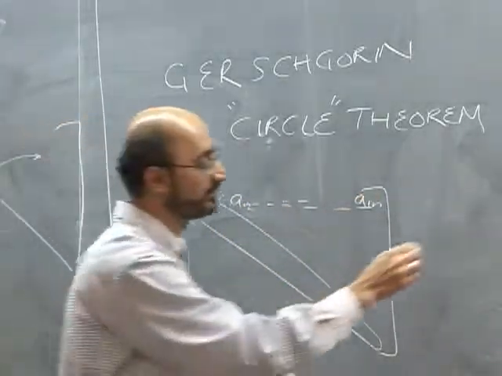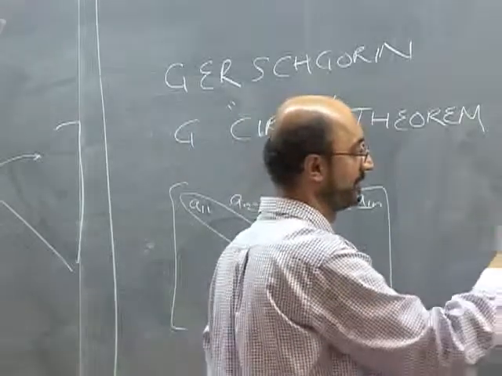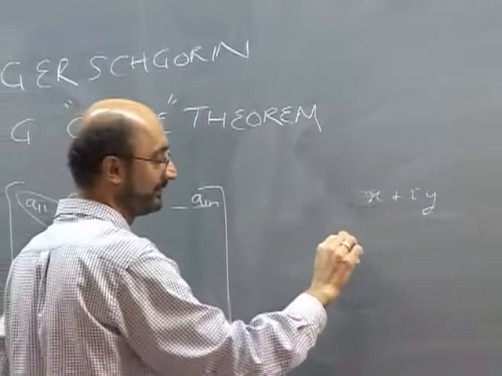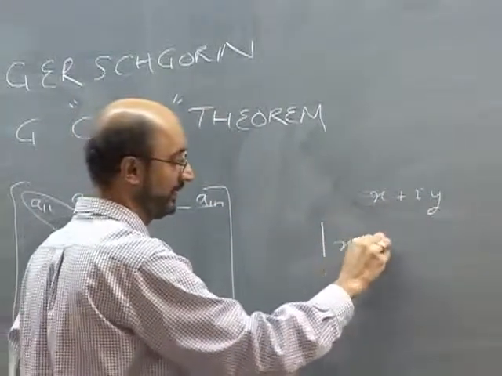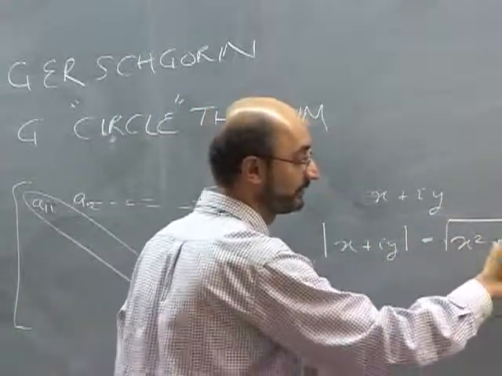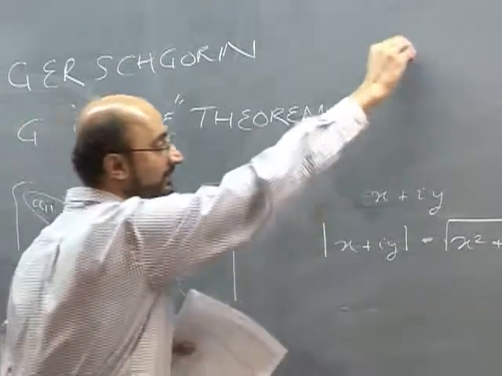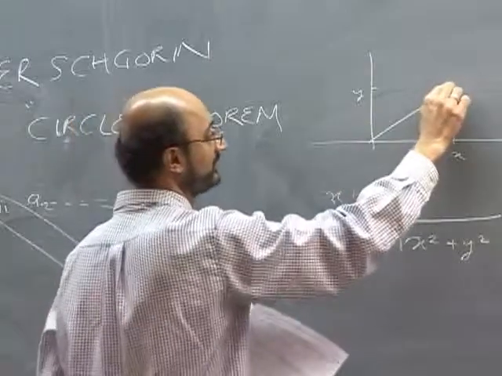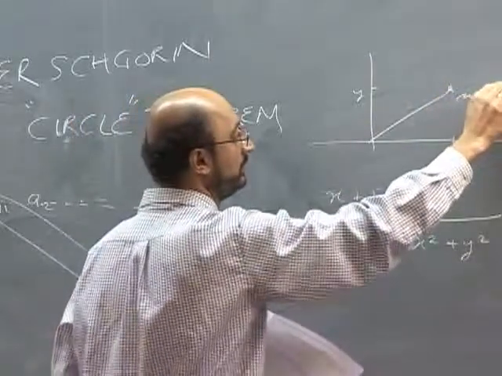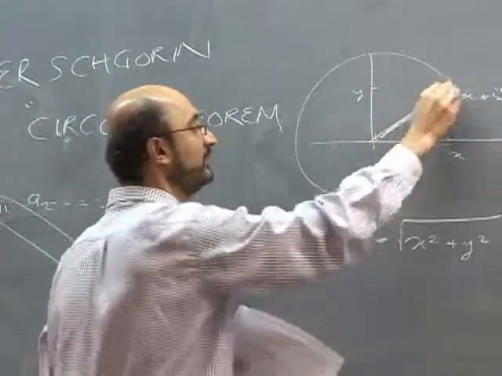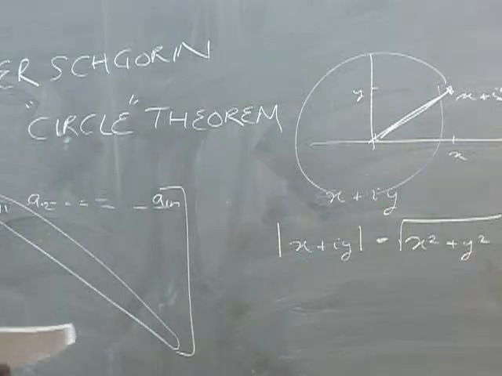For a complex number written in the form x plus iy, the magnitude is the square root of x squared plus y squared. The geometric interpretation is that x plus iy is somewhere over here. This is x, this is y, this is x plus iy. And the distance from the origin is the magnitude, the square root of x squared plus y squared.